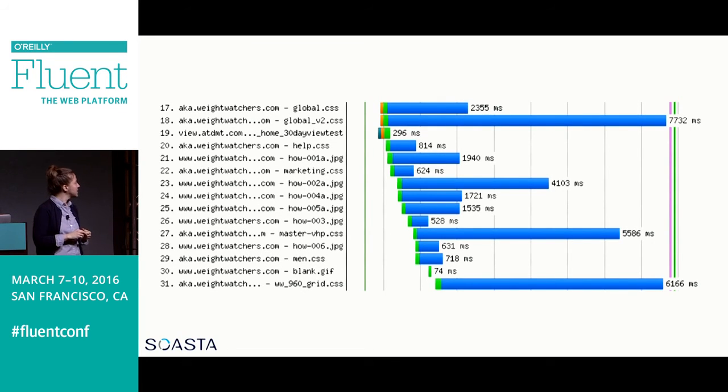This is just a snippet from the Weight Watchers site, showing all the CSS, all of the images, all these bits and pieces. This is just one snippet out of about 200 assets on the page, showing all the things that were blocking the page from rendering.